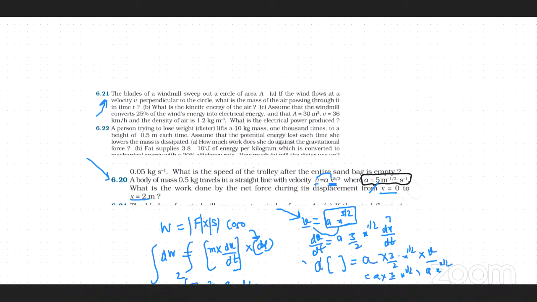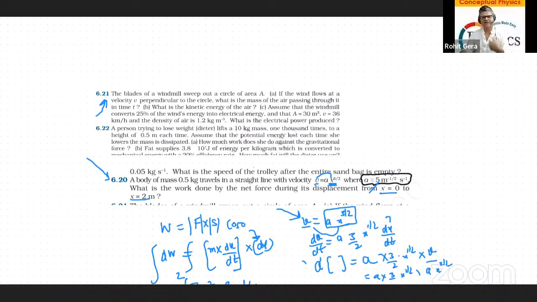And so half mv square comes and strikes and gives it omega r. So omega is 2 pi by t. Okay, so in one time interval I can sweep complete pi r square in one time interval, right?